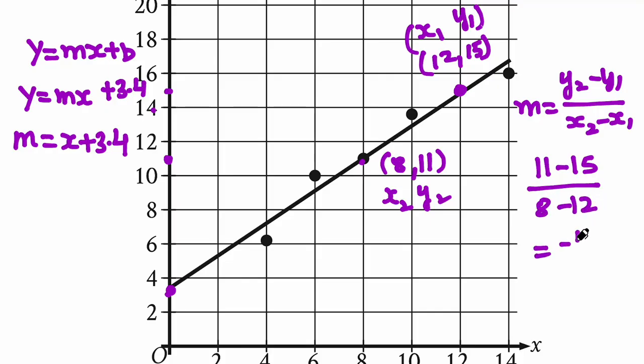So this is -4 over -4. Again, that is 1. So if you change the order, that's okay. But you should not do 15 minus 11 and 8 minus 12. That will be wrong, right? So this is the right option.